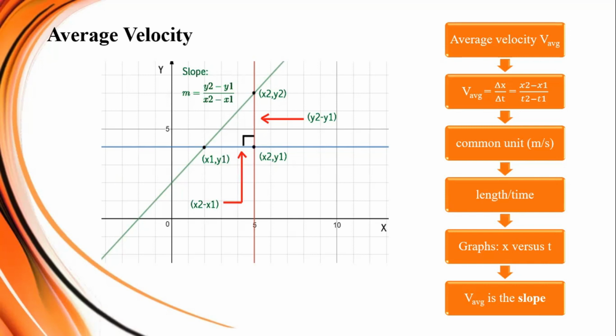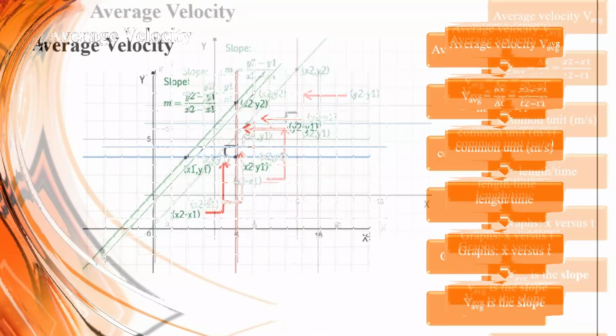Like displacement, v average has both magnitude and direction. It is another vector quantity. The average velocity always has the same sign as the displacement Δx because Δt is always positive.